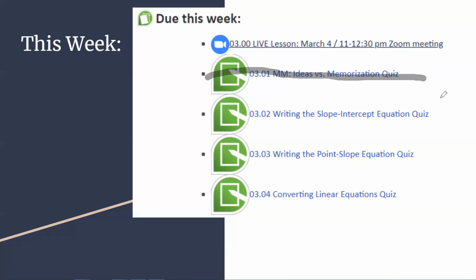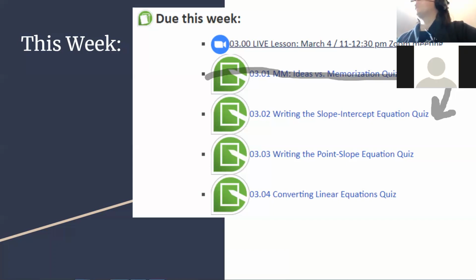Then I think out of all of these, the easiest one to crank out is 3.02. Correct me if I'm wrong, people who have already done it, but it's not too bad. Then we've got point slope and then the converting linear equations. It's just a lot of algebra. So take notes. That is my helpful hint for the day. Algebra. Bruh, it's algebra.